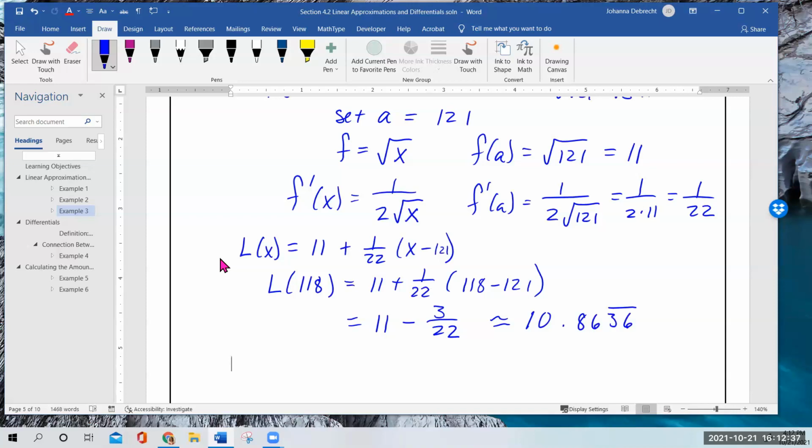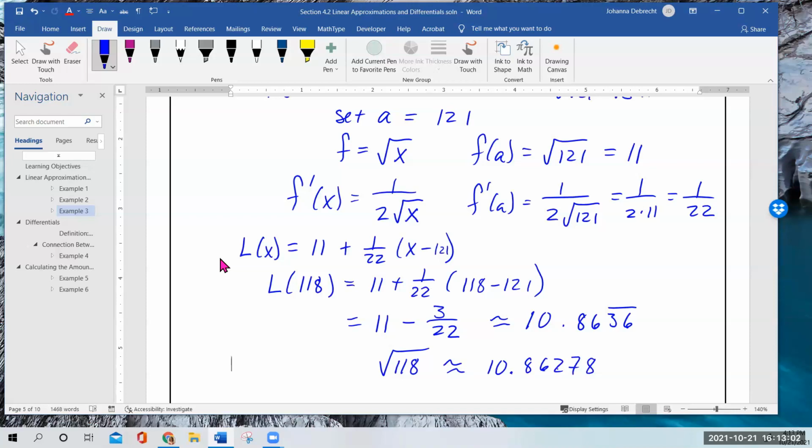Now the question is, what is the real square root of 118, or at least as close as the calculator can get? The square root of 118, according to the calculator, is about 10.86278. You can see that if you round it to the third decimal place, they would be the same.